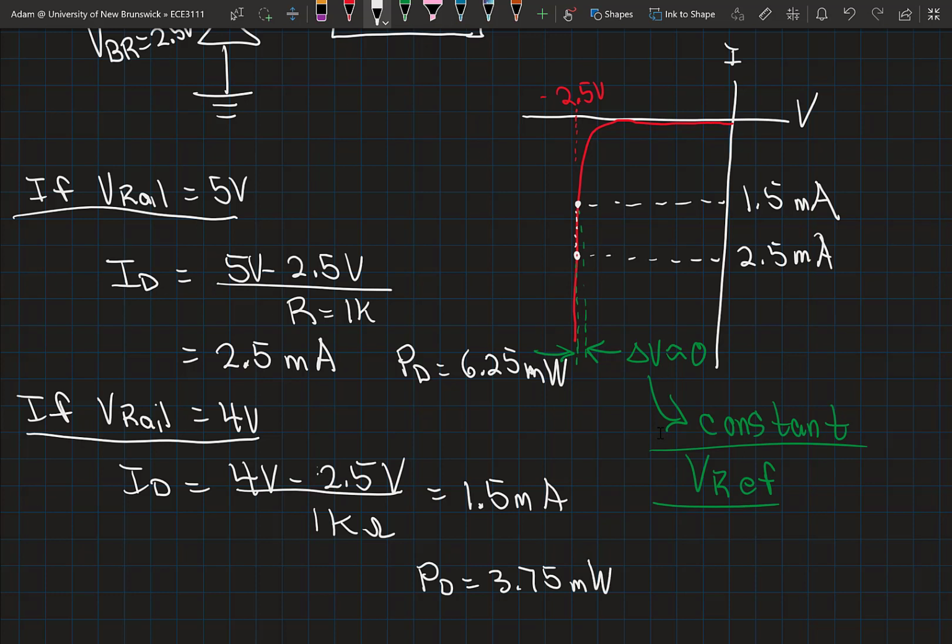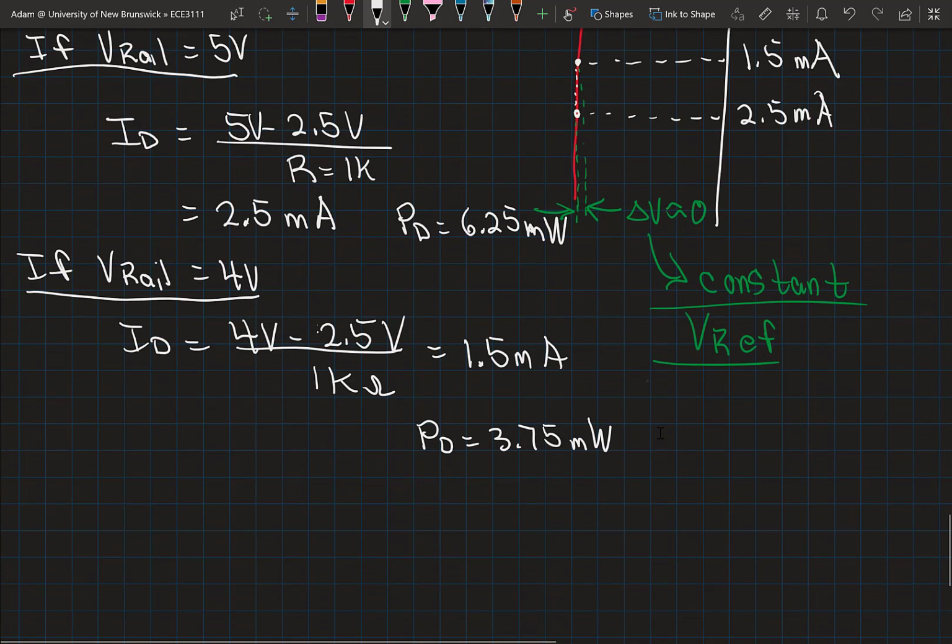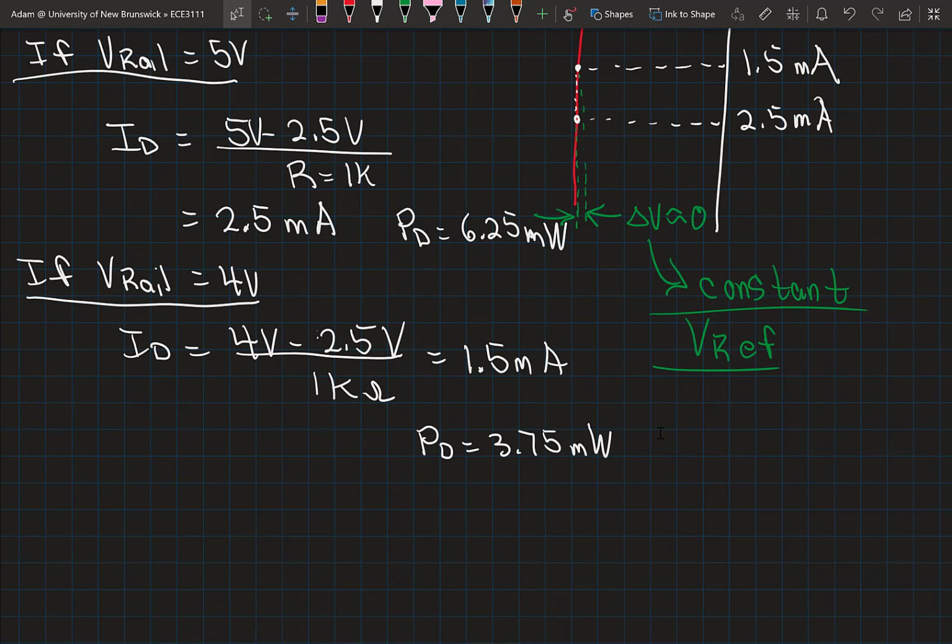So just something to note in choosing your diode, to make sure it's rated for the appropriate power rating as well. This power calculation is simply the breakdown voltage of my Zener times my current through that Zener.